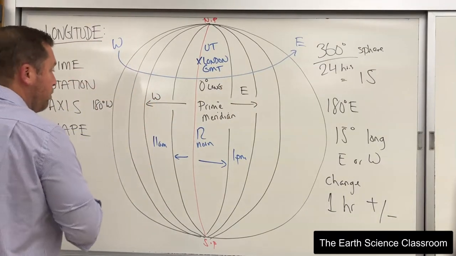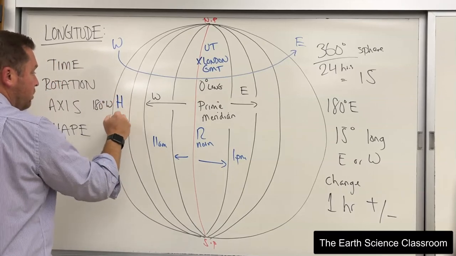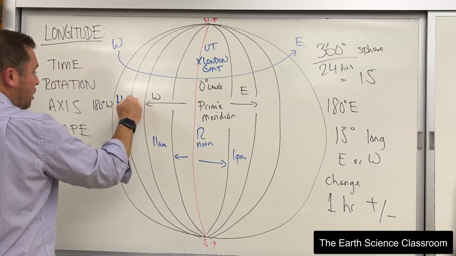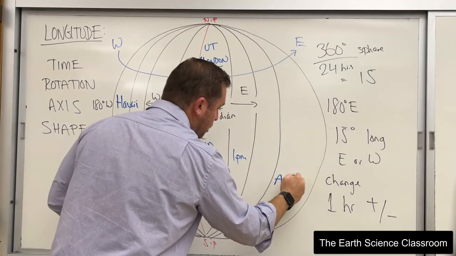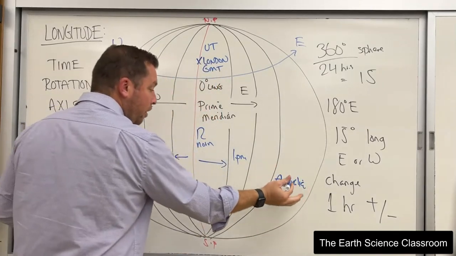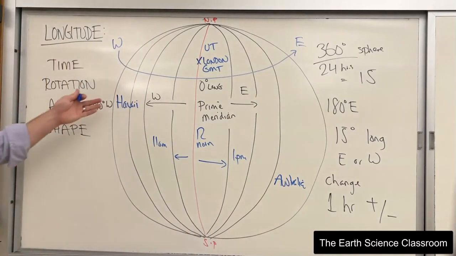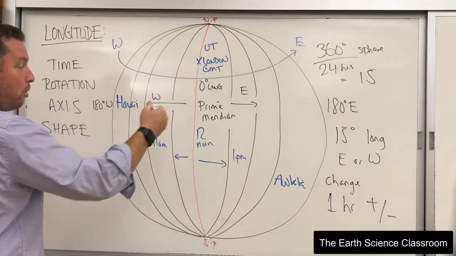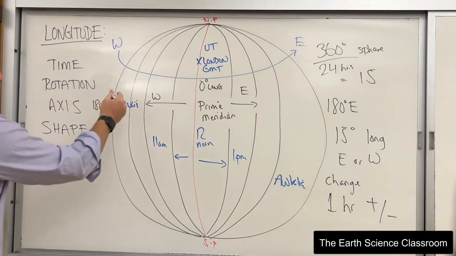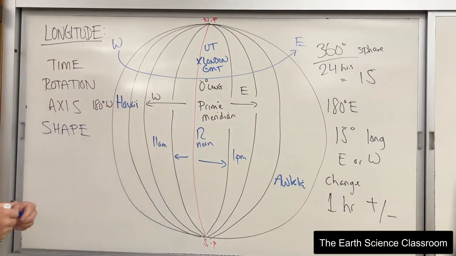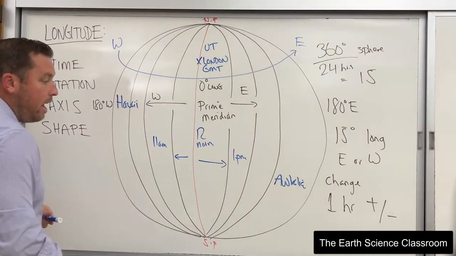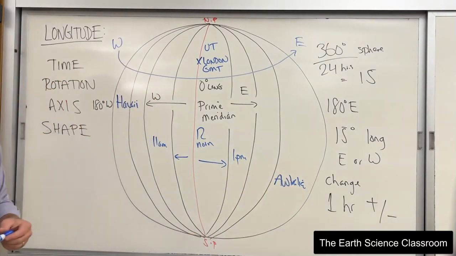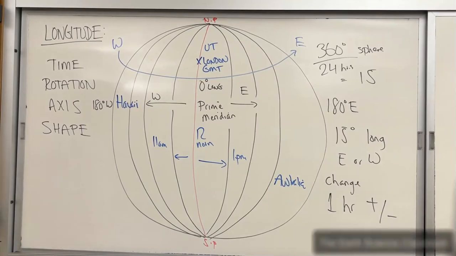So in places like Australia or Sydney, they're going to experience their morning first, whereas Hawaii has to wait hours, like 15, 18 hours, to spin around for them to get their sunrise. So by the time it gets to mid-morning in Hawaii, it's already the next day in Australia.